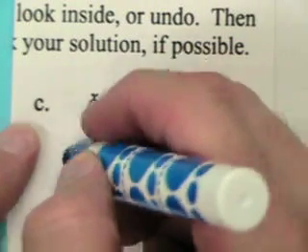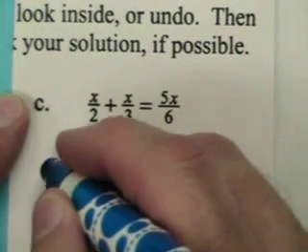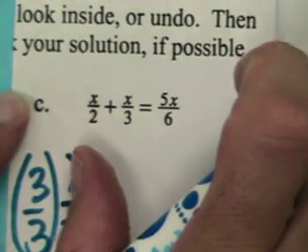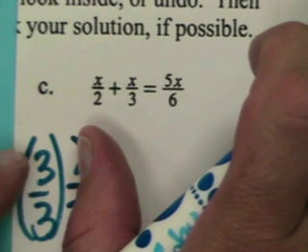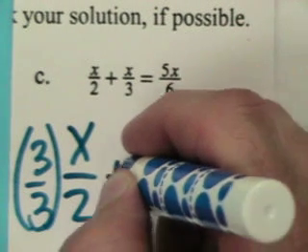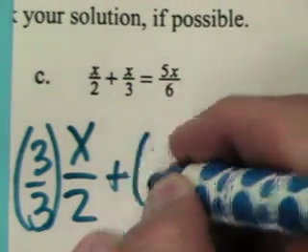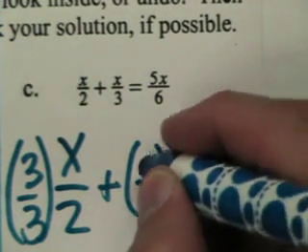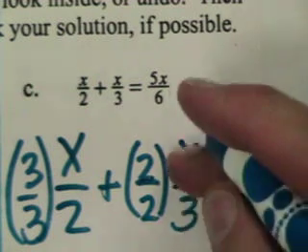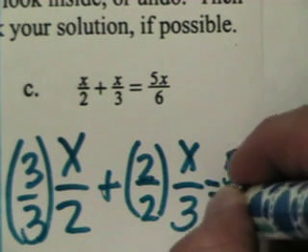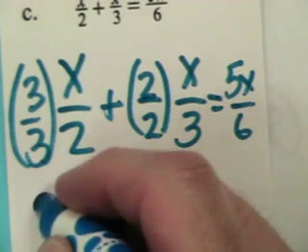So I'm going to multiply x over 2 times the fraction 3 over 3. Remember that 3 over 3 equals 1, so multiplying by that doesn't change the value, it just changes the way it looks. I'm going to add that to, well, I have to multiply it times something, so I think I'm going to do 2 over 2, which is also 1. And this one already has a 6 on the bottom. So let's see what that gives us.